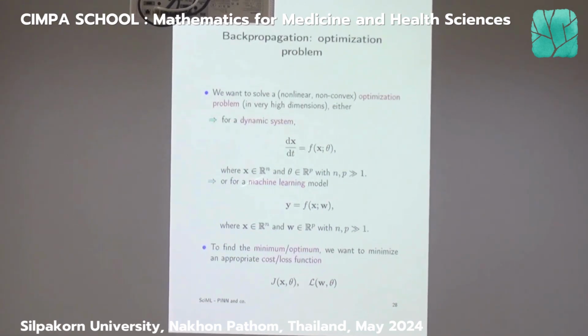I'll explain. And we've seen already in machine learning, you remember, it's just y equals f of x and w. X is the input parameters, the independent variables, y the response or dependent variables, and w are the weights. It's equivalent to theta, it's equivalent to the parameters in an ODE or PDE. In machine learning, we have weights. With this minimization, in fact, it's min over w.